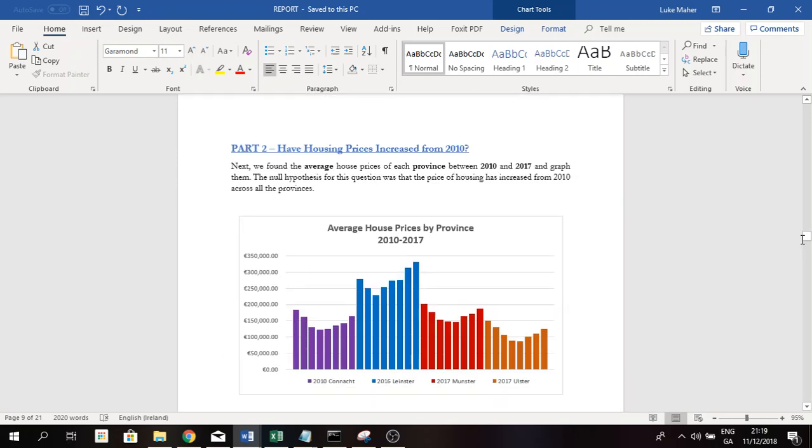So then the second bit, we have to see if the house prices increased from 2010 to 2017. You can see from the graph here that they haven't, except for Leinster, where they have actually increased from 2010.